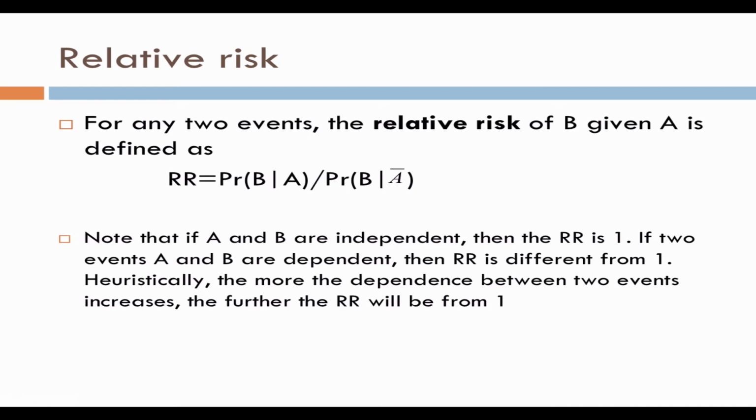And if the relative risk is different from 1, that essentially means A and B are dependent. So relative risk is an epidemiological term to define dependence or not. Sometimes it's very convenient to use because this ratio really quantifies the relative risk of exposure A on the event B.